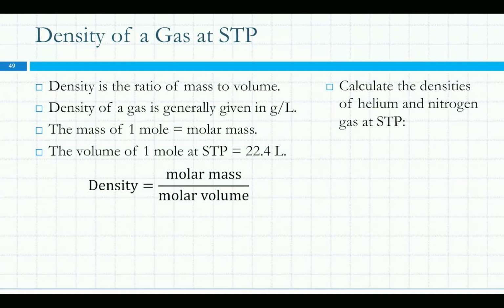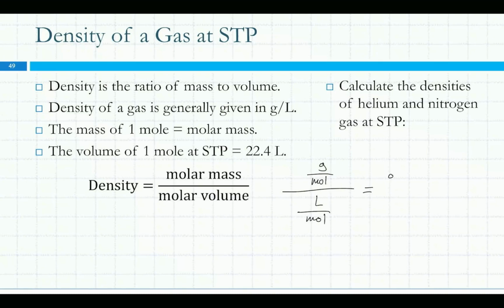So molar mass has units of what? Grams per mole. So if I do grams per mole and then divide that by molar volume, which is the liters per mole. Now this is one of those things when you take a fraction and you divide it by a fraction, it looks weird.